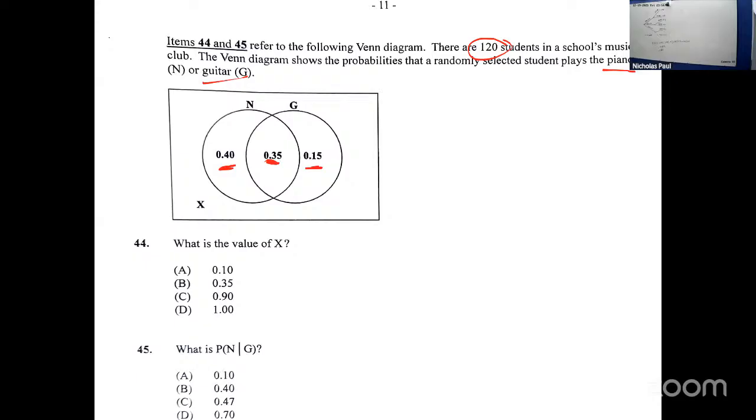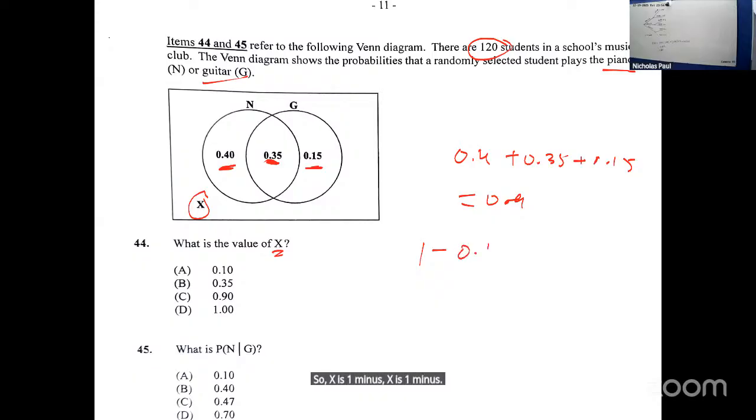What's the value of x? X is the probability of doing none, so you have to add up 0.4, 0.35, and 0.15. I got 0.9, so x is 1 minus 0.9. A again. So it's kind of safe to guess A in advance.